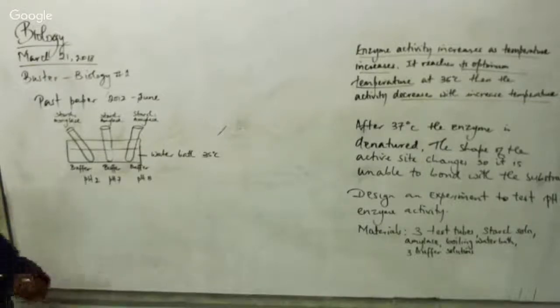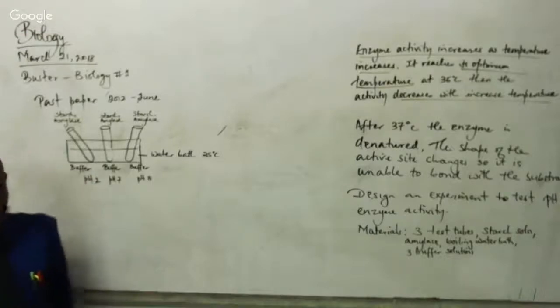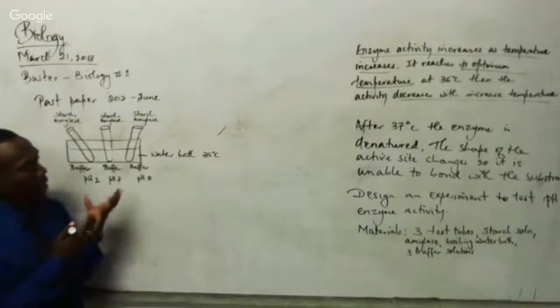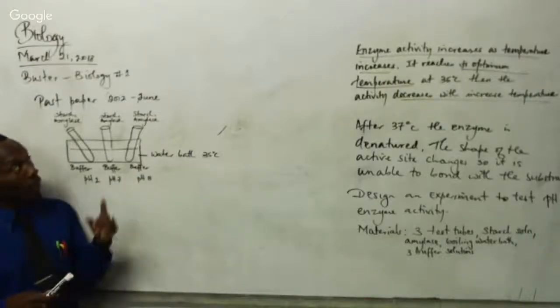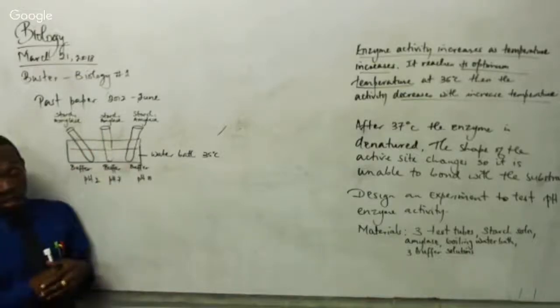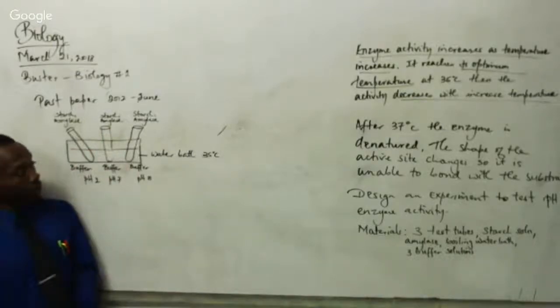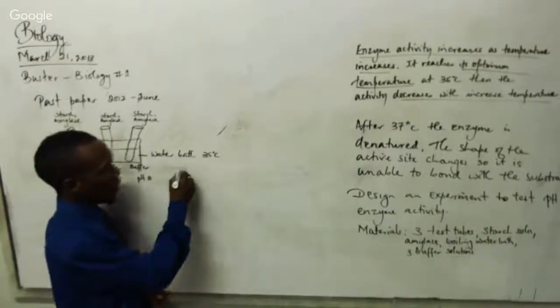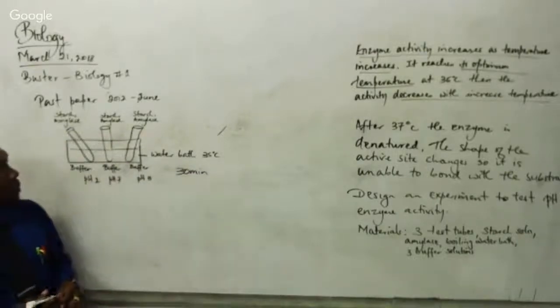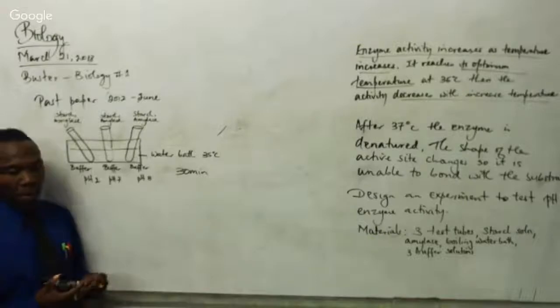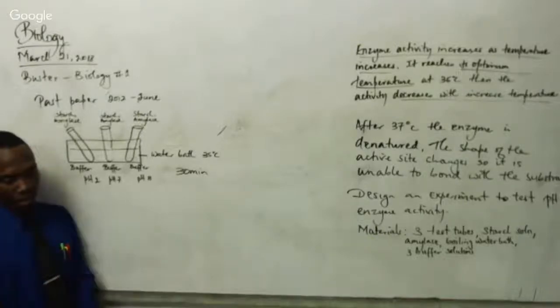All right, how do you test that the activity, that enzyme is actually working? If you have starch and amylase in a test tube at the correct temperature for, say, 30 minutes, what is going to be the result after 30 minutes?